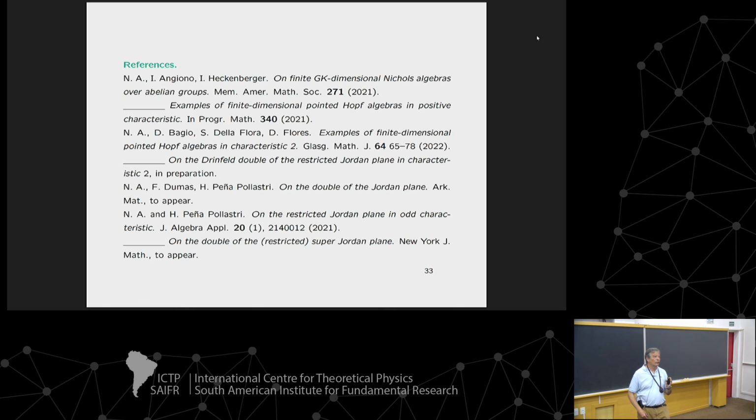And the second, once this is said, the answer is I don't know, but probably not, because the Jordan block is rigid in the sense you cannot deform the Jordan block because of the classification of Nichols algebras. But this is an imprecise answer.